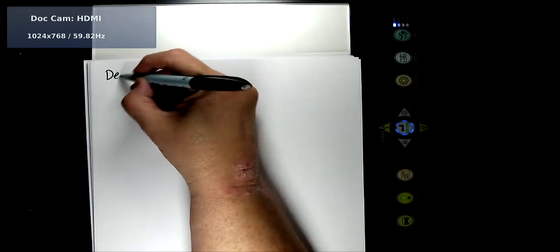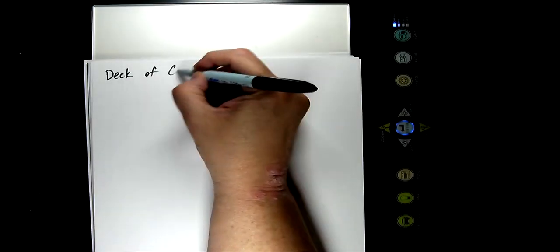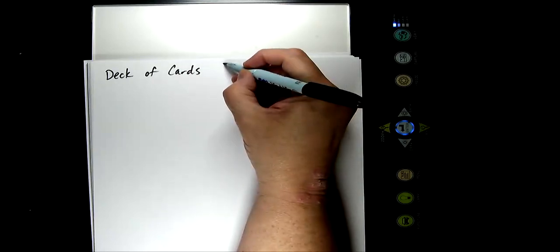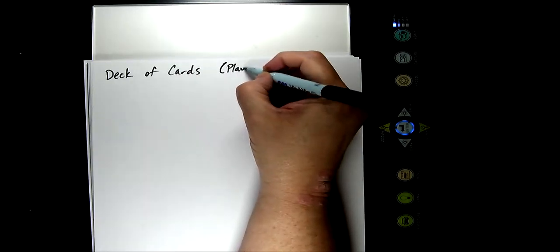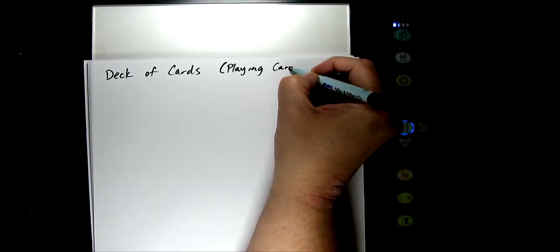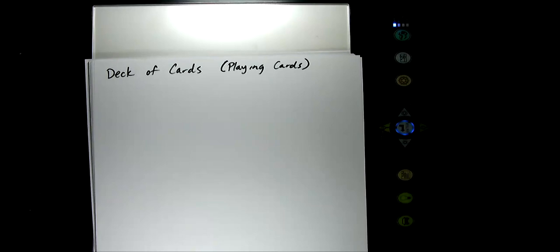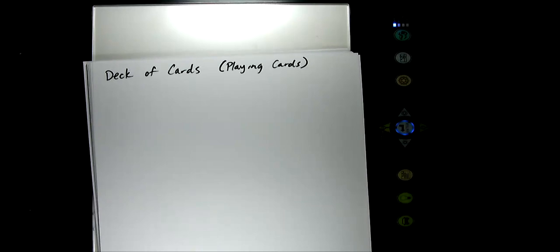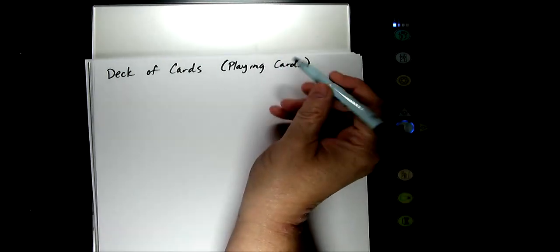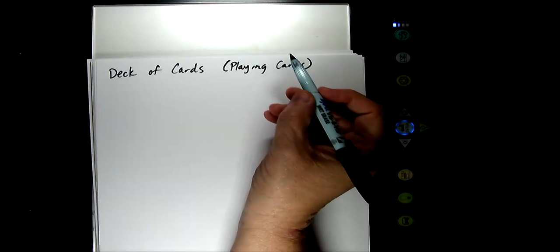So a deck of cards has 52 cards. They're called playing cards nowadays, because you could have baseball cards, and I guess Magic the Gathering is playing cards too, but it's not the same thing. Those are called collectible card games. That's a playing deck of cards.